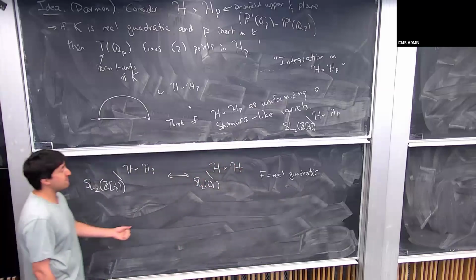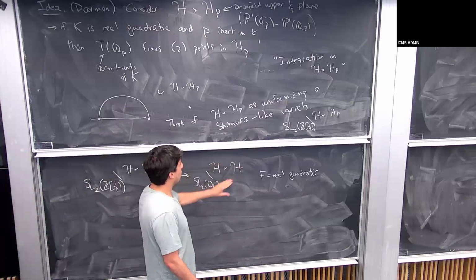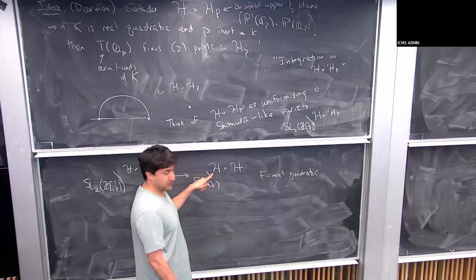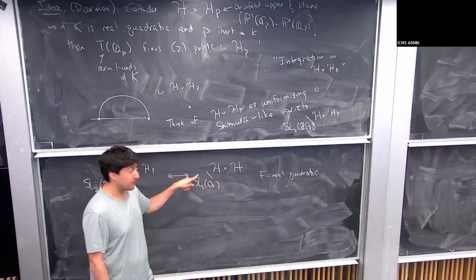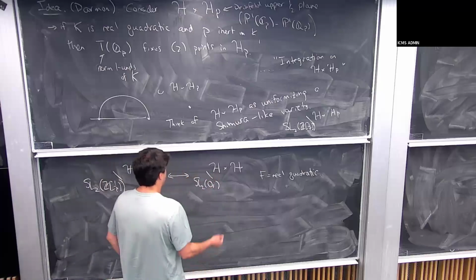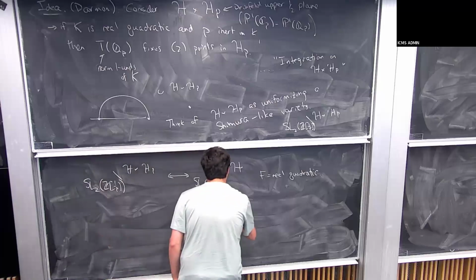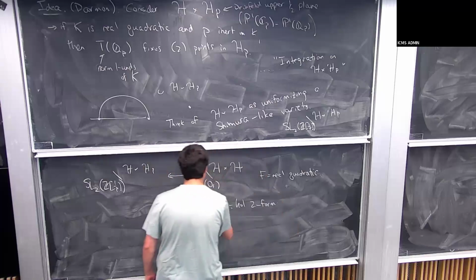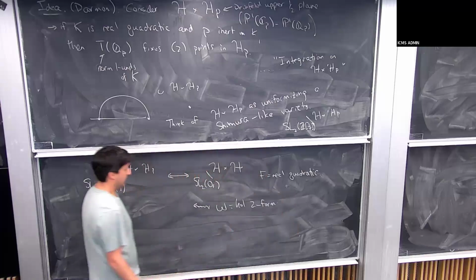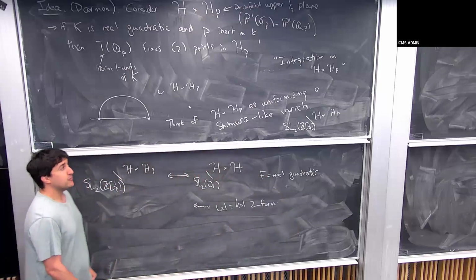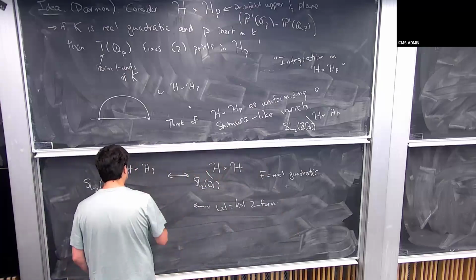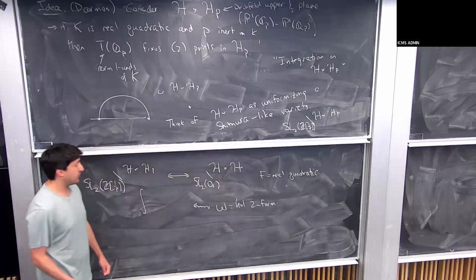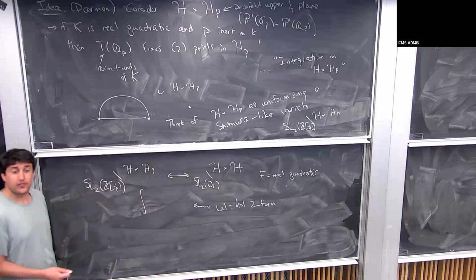So for example, if you take a holomorphic form of top degree on this surface, a holomorphic 2-form, what you can do is integrate out the first factor.